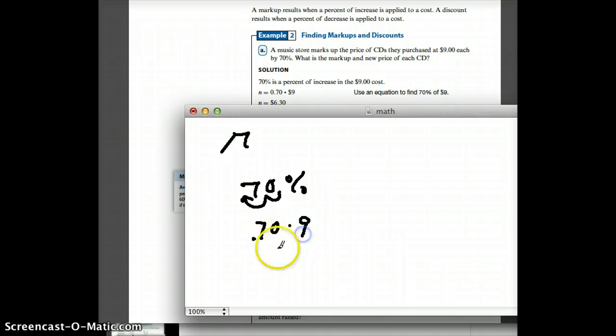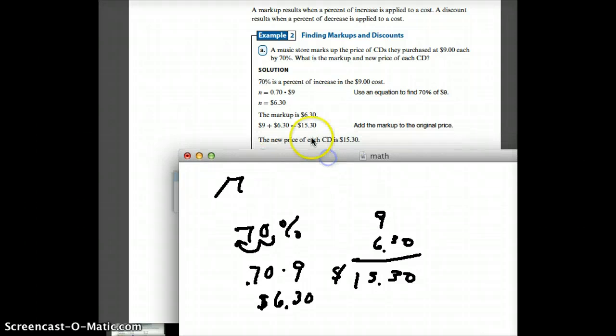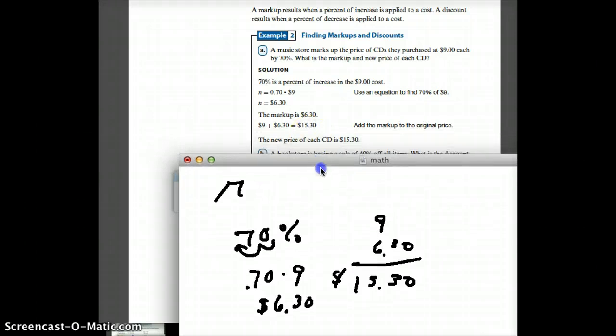And then I just multiply it by 9. So that will give me $6.30. Now that's the amount of increase. So then I would have to add that to my $9 to get the new price, which would be $15.30. Okay, let's see if I got it right. The new price is $15.30.